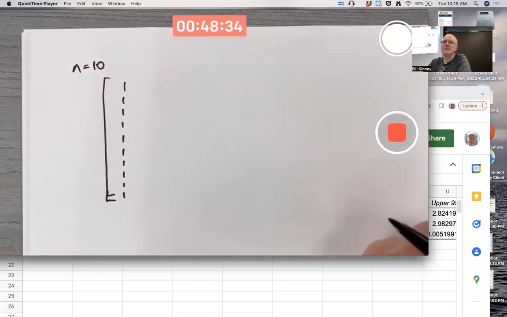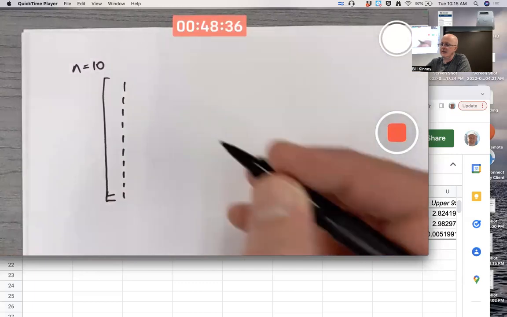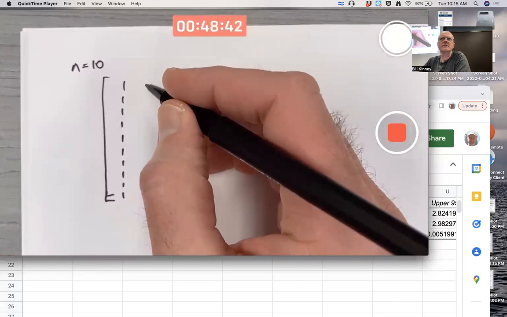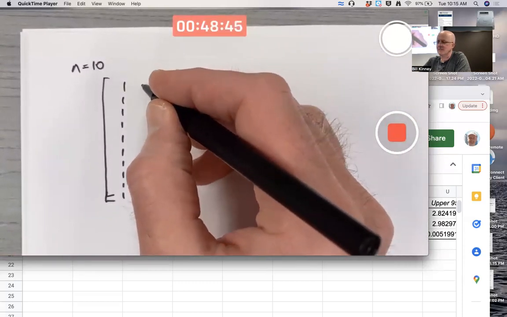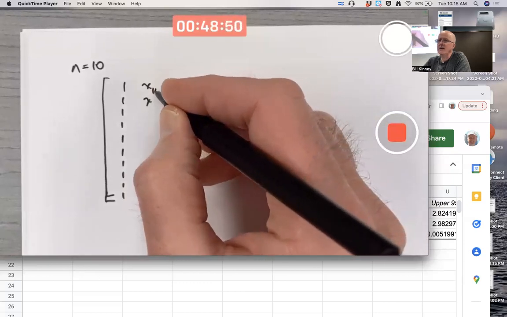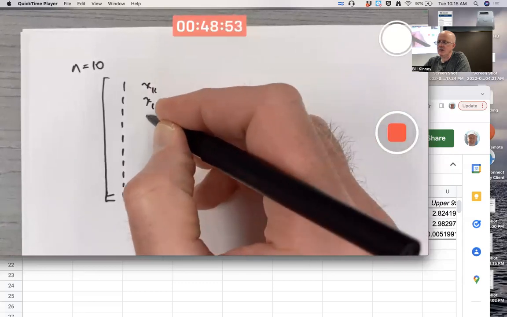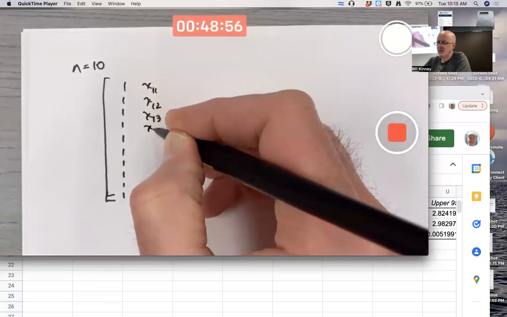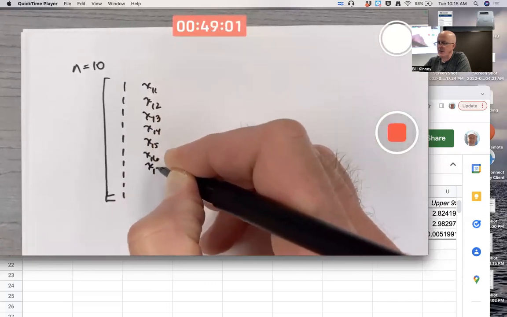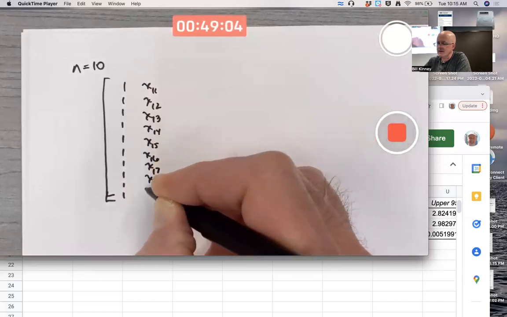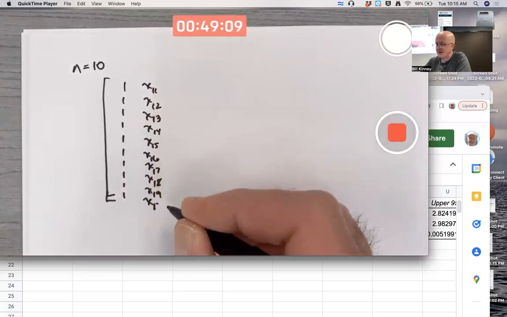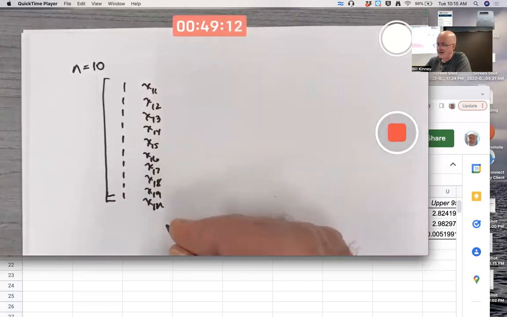The second column is going to be a bunch of x1s. x11, x12, x13, x14, x15. I said these are a bunch of x1s. Why am I writing two subscripts? Although the last one, I'll get the last one as x1n, where n is 10.